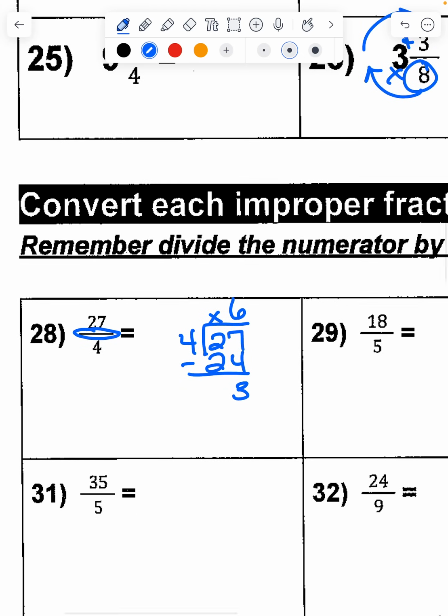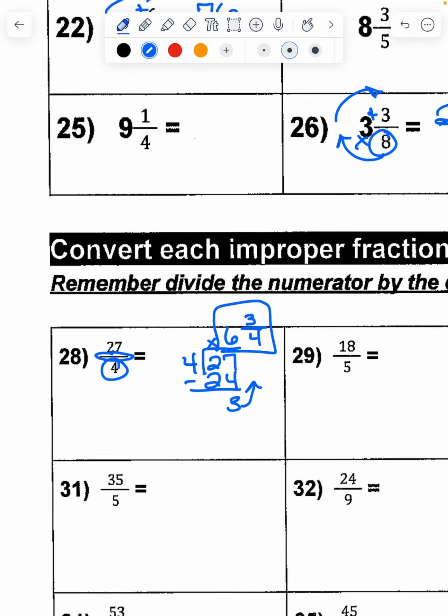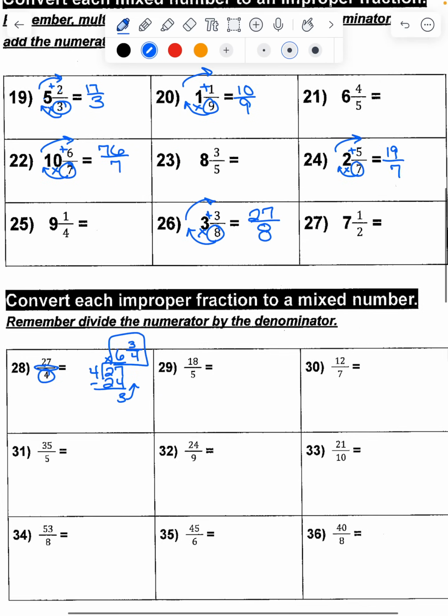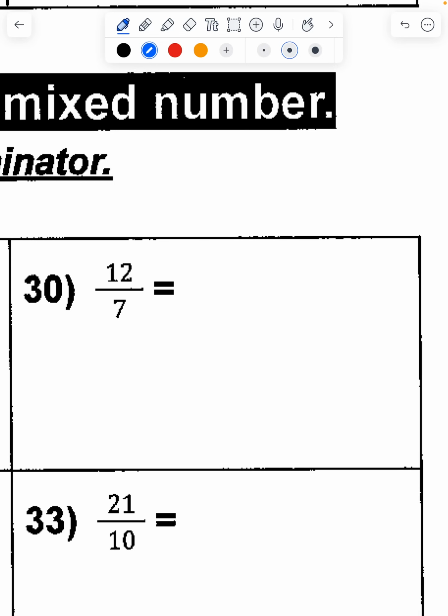When we change this into a mixed number, we're going to bring that 3 up and make it a fraction. We're going to put it over the denominator. So we have 6 3/4. Let's go to number 30. 12/7. We're going to do 12 divided by 7. Top number always goes on the inside.